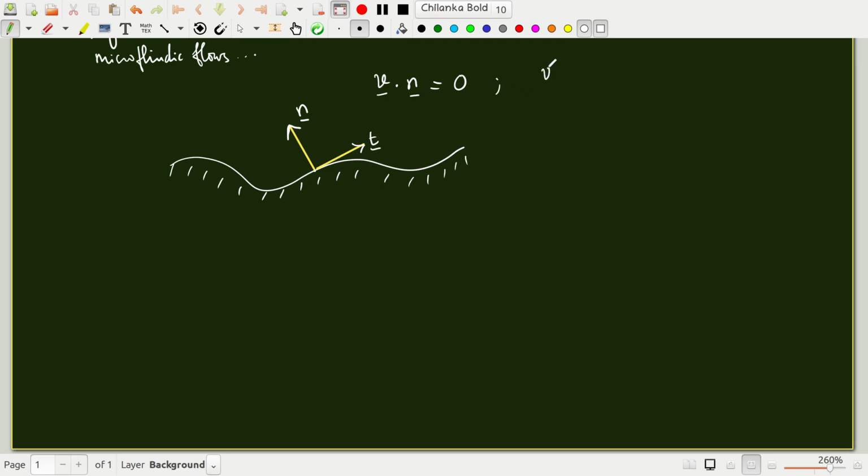So then we also have v dot t is 0, but n and t depend on the shape of the boundary.